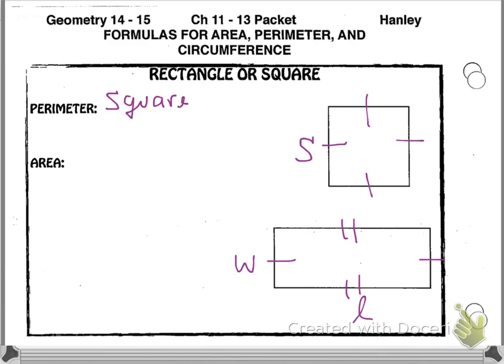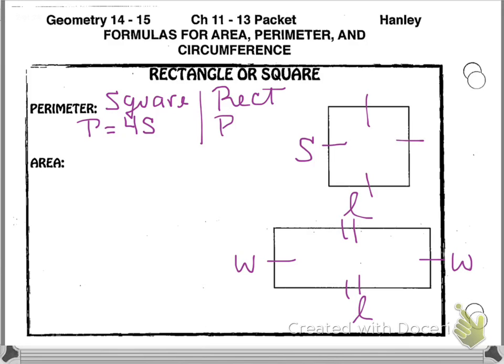Well, for a square, if all the sides are the same and you're adding them all up, you have 4 of the same sides. So your perimeter is just 4 times the side length, or S plus S plus S plus S. For a rectangle, your perimeter is a little bit different because not all your sides are the same, but rather we have 2 of the sides that have a width and 2 of the sides that have a length.